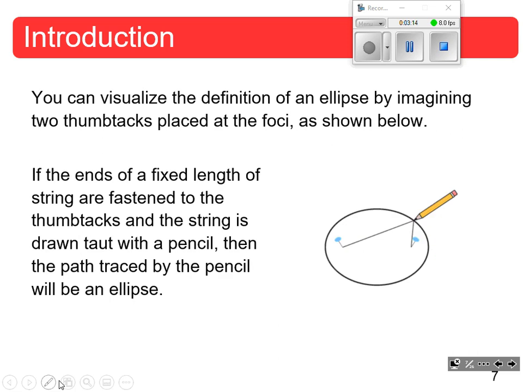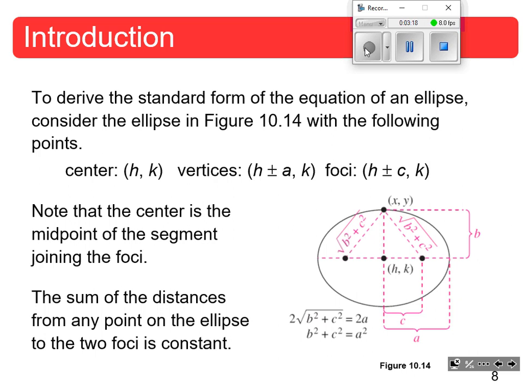Now the ellipse is going to have a center h comma k. It's going to have the vertices h plus or minus a comma k, and as we said, a is the major axis.